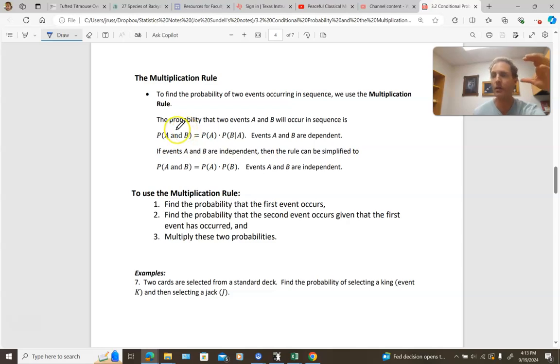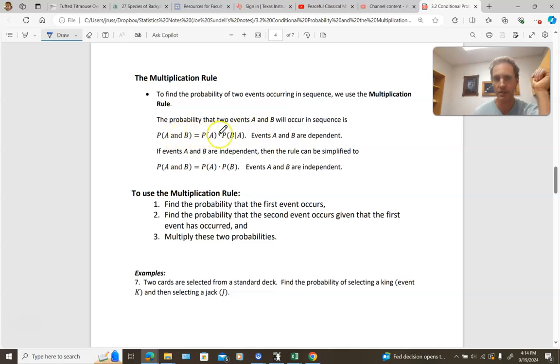So event A occurs and then event B occurs. And this is going to be the probability that event A occurs times, so this is where the multiplication rule comes into play, the probability that B occurs given that A has already occurred.